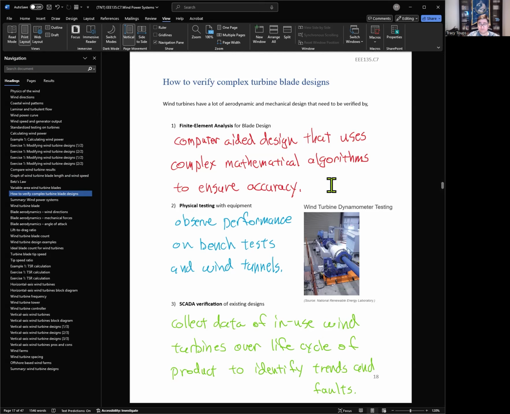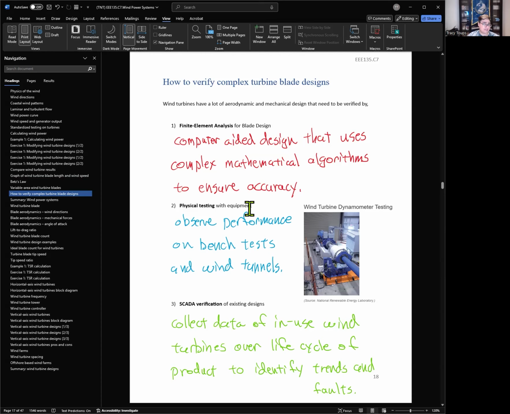There's fluids and flow mechanics involved, right? There's very, very complicated second, third order differential equations programmed into these kind of AutoCAD design software that uses finite element analysis.